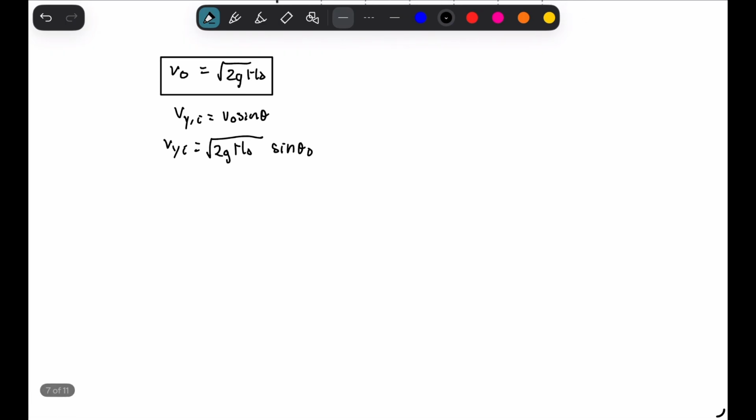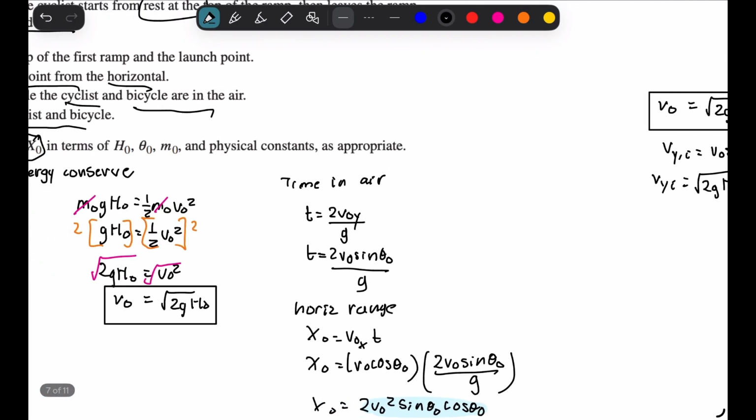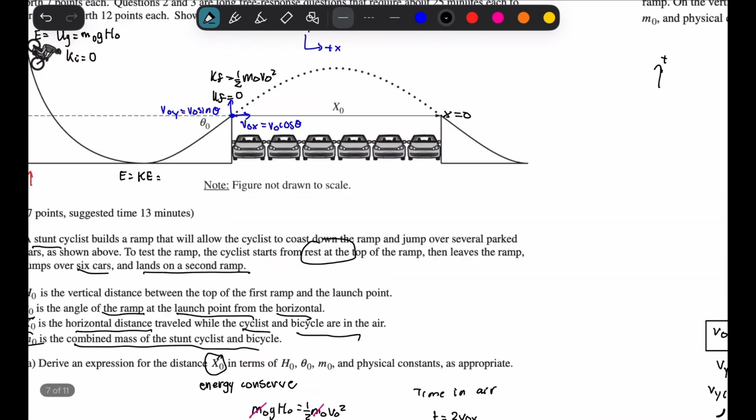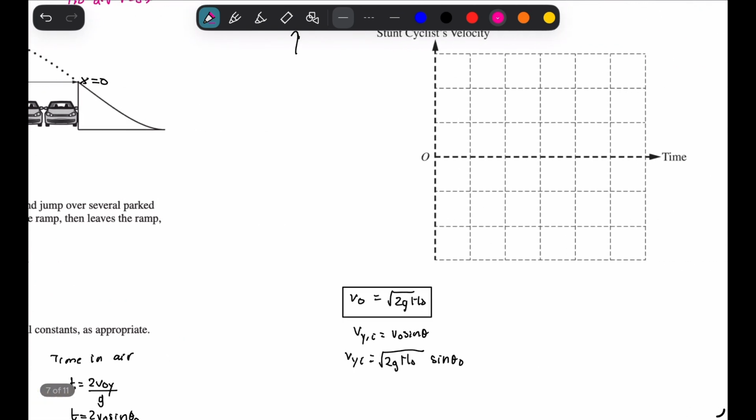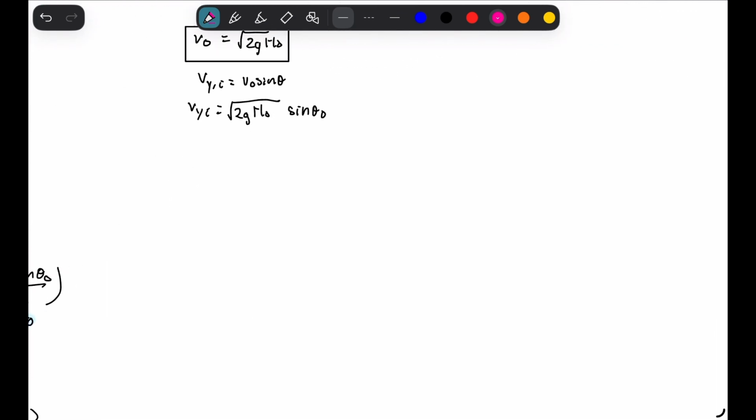So that means that if we were to find our vertical velocity, we know that the cyclist is going to land at the same height as launch, as we can see here. And we can see we're going to have no air resistance. So that means that our vertical component is going to have the same magnitude but opposite sign.